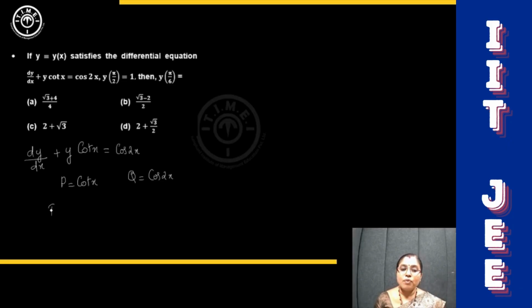So the integrating factor is e raised to integral cot x dx, which is e raised to log sin x. Integral cot x is log sin x, so e raised to log sin x. The e raised to log will get cancelled and the integrating factor will be sin x. So we are done half the way, that is, we have already found the integrating factor.